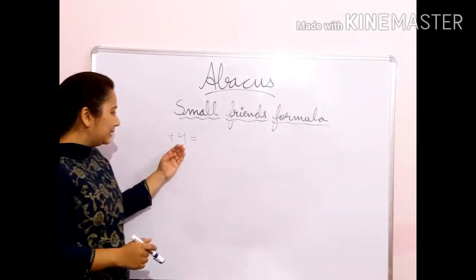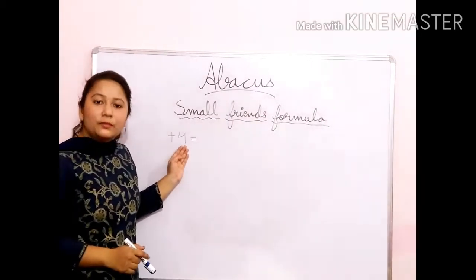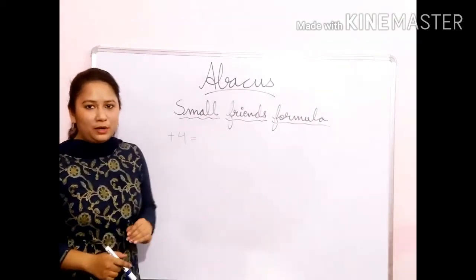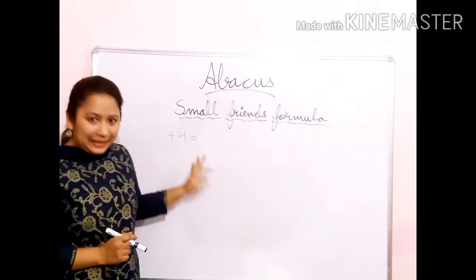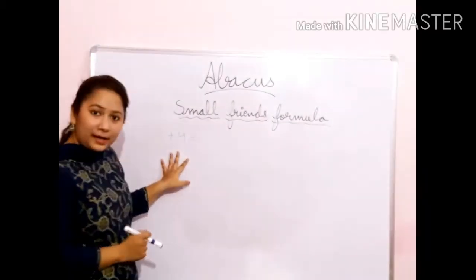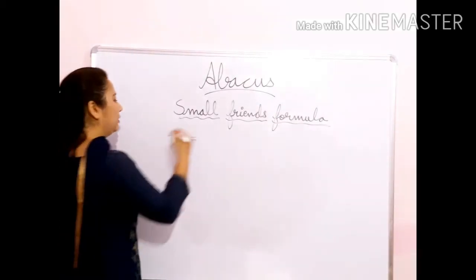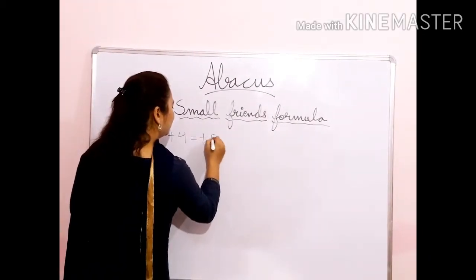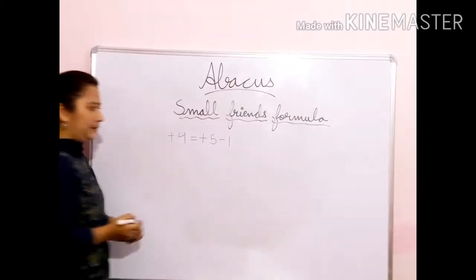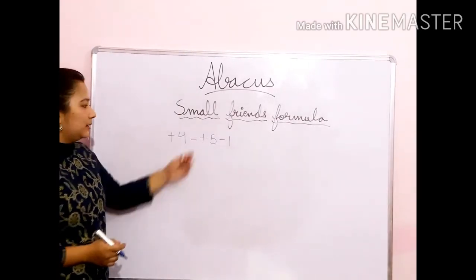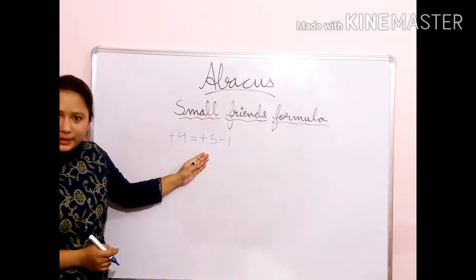So in this you have to use the small friends formula. If the bead is not there and you have to add 4, then for adding 4 you have to use the formula plus 5 minus 1.